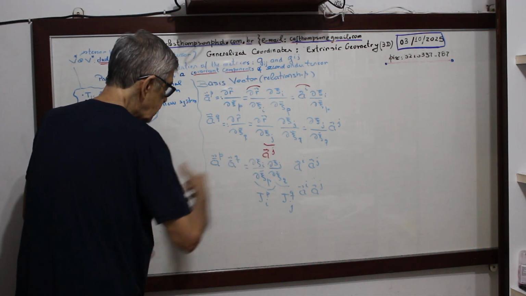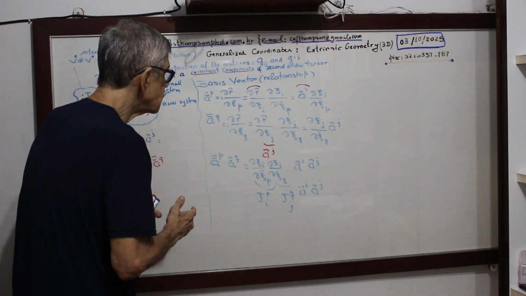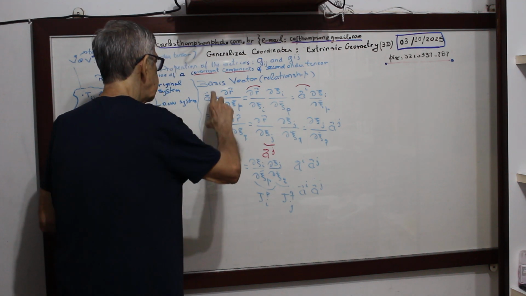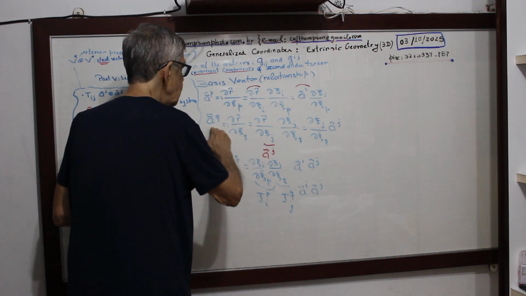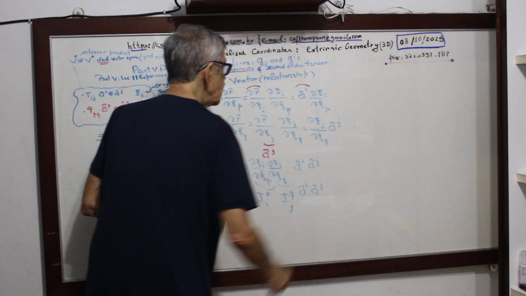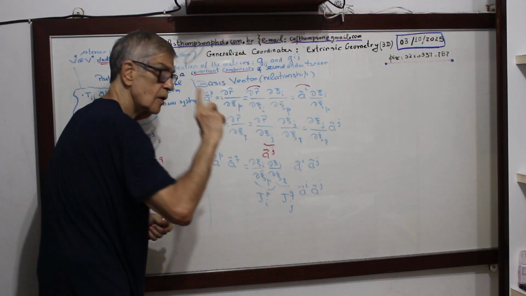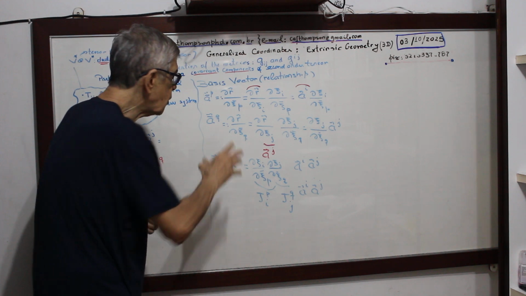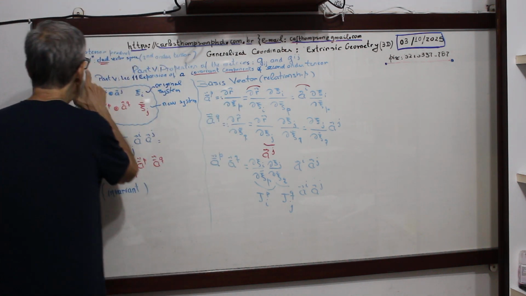I'll continue. So this is a relationship between A_p, A_q and A_i, A_j. Basis, contravariant. Why? Because they belong to the dual.